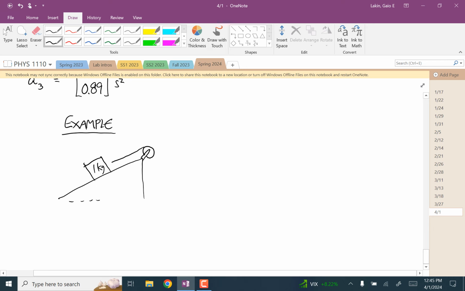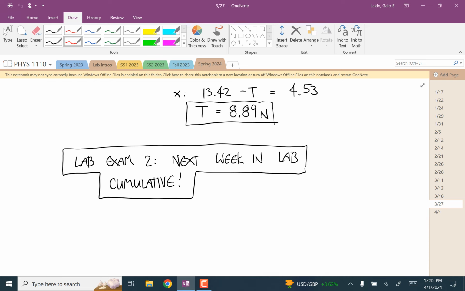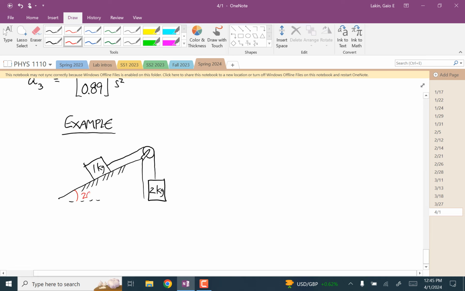And it's connected over a pulley to another mass of 2 kilograms. And let's say this angle's 20 degrees. And let's say that the coefficient of friction for the 1 kilogram block is 0.2. And let's say at the instant shown, the system is moving this way.